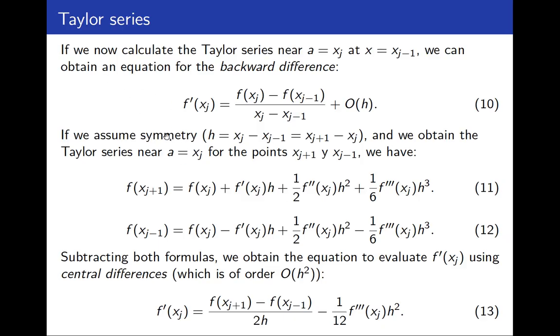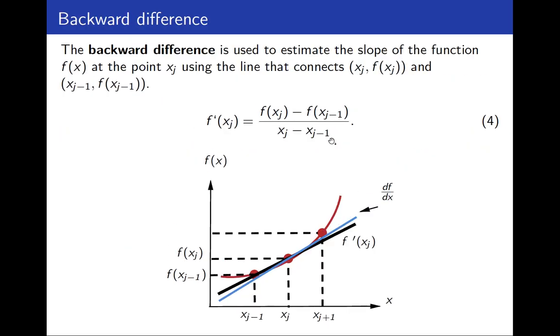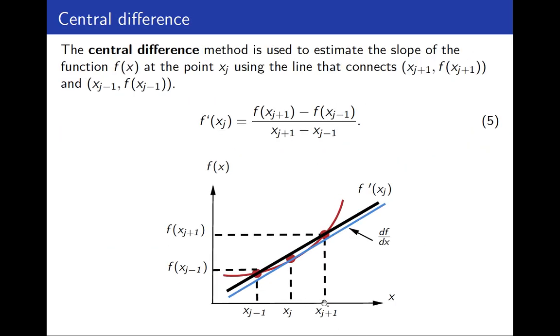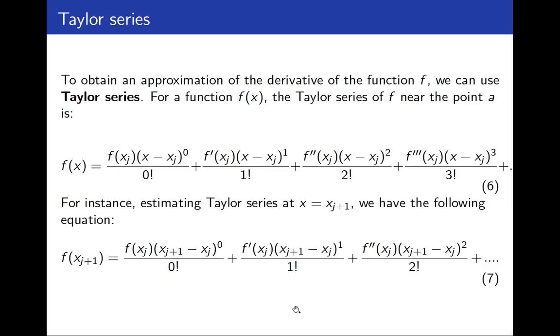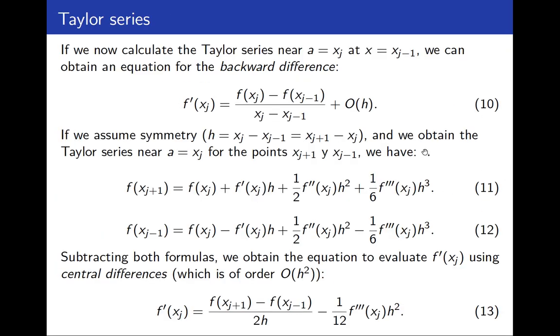So now let's assume symmetry. That means that h is going to be equal to this difference, and this difference is going to be equal to this difference. So this difference is the same one as the one here. And then we obtain the Taylor series near a equal to xj for these 2 points.